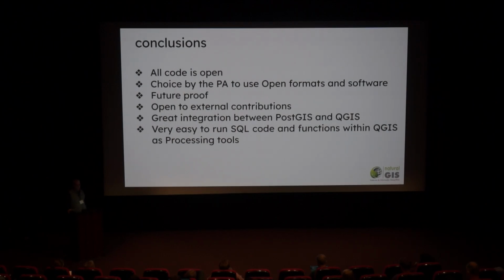It's nice to see public administrations, in this case pretty big ones, using open formats and software. It is open to contribution. It's nice to see, again, it's not the first time and not the last, how well PostGIS and QGIS work together. So basically a win-win situation for everyone.